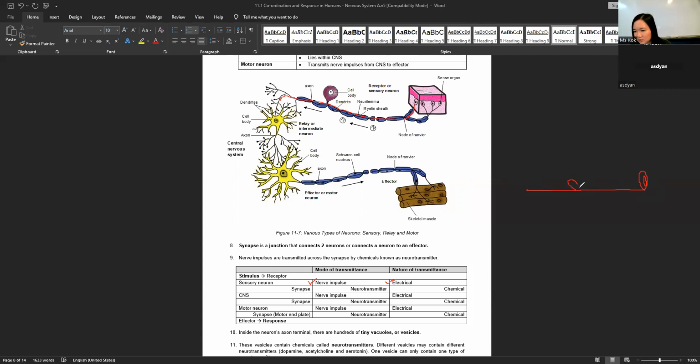This is the cell body. Okay, it reached the end like this. Then it is connected to the relay neuron. Okay, if you look closely here, the nerve fiber doesn't touch the relay neuron. There is a small gap.